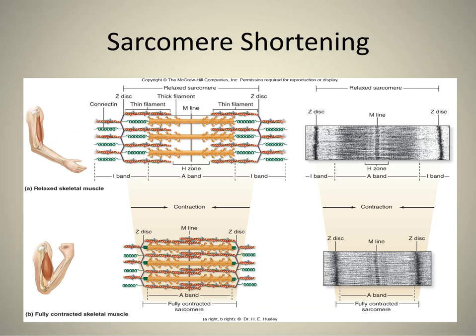You take the oars out of the water, you burn ATP, you put them back further down, you put them again in the water. So it's just a ratcheting mechanism. And what that causes is this sarcomere to be shortened. So here's a relaxed sarcomere right here. We can see an H zone, and then here's a fully contracted sarcomere. The H zone disappears, and we have a complete overlap here of the two filaments.